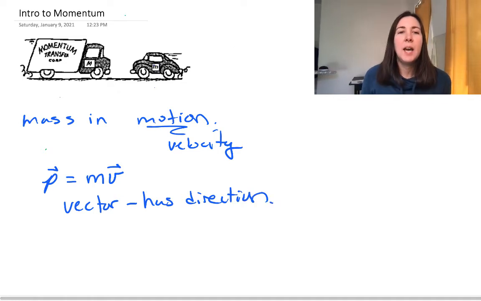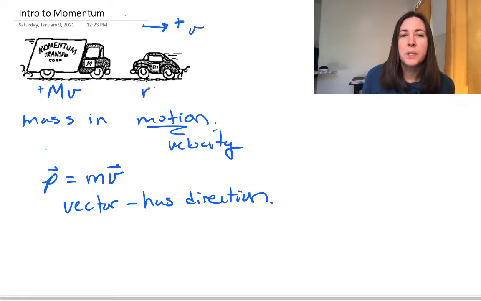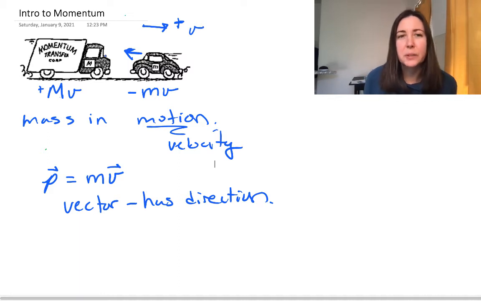So if I had these two vehicles and I decided this way was positive, the momentum of the truck would be big M times V, and it would be a positive value if they both have velocity V. The car would have momentum little m times v, but it would be negative because the car is traveling in the negative direction.